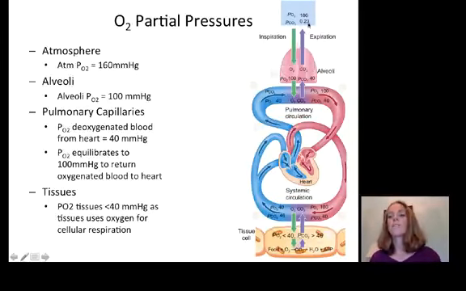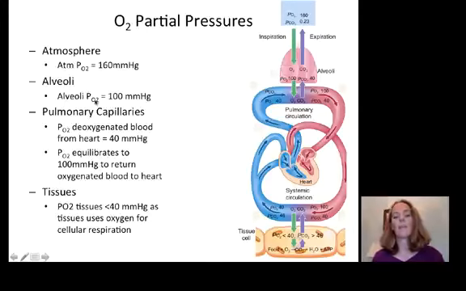So oxygen in the atmosphere is about 21% of the total atmosphere. If we do the calculations, then that gives us the partial pressure of oxygen in the atmosphere to be 160 millimeters of mercury. From there, the air is going to get mixed in the lungs, so it's not going to be exactly the same as the atmosphere.